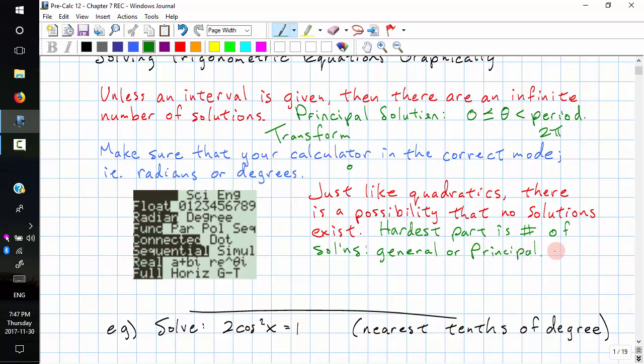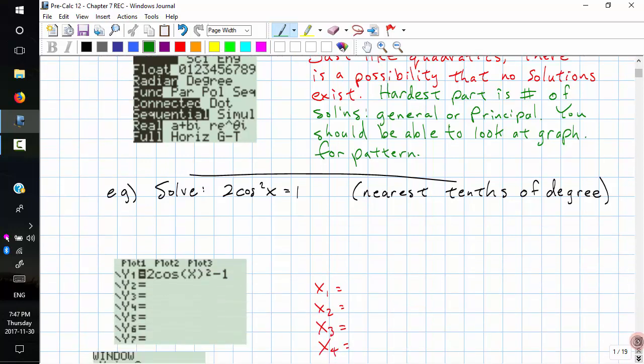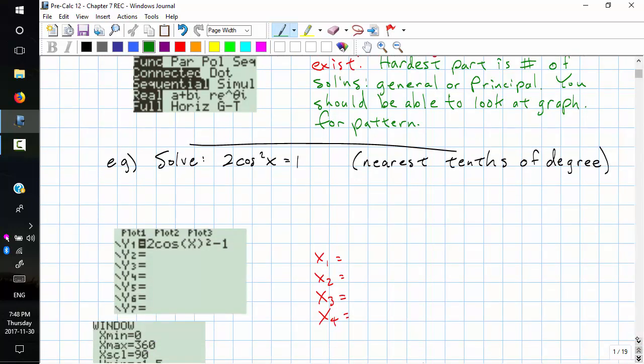You should be able to look at the graph to tell. Okay, you just look for the pattern. Once you see a cycle, you just count the number of solutions within that first cycle. Okay, let's do an example.